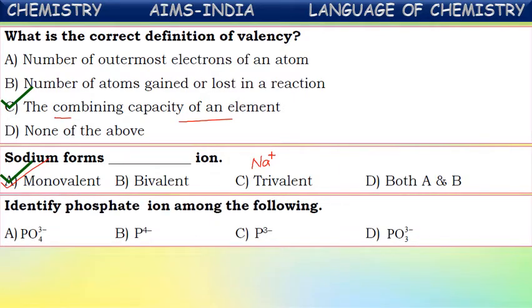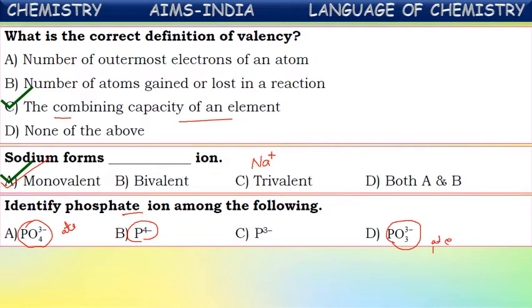Identify the phosphate ion among the following. See, phosphate: here P4 minus is not it. P3 minus is called phosphide. P4 minus it will not be, because phosphorus will not have -4 as the charge. Then PO4 3 minus and PO3 3 minus. Already we have done this with acids, the -ic and -ous acids; like that here also we have -ate and -ite. The one which has more oxygens we consider as -ate, and the one which has fewer oxygens is -ite.